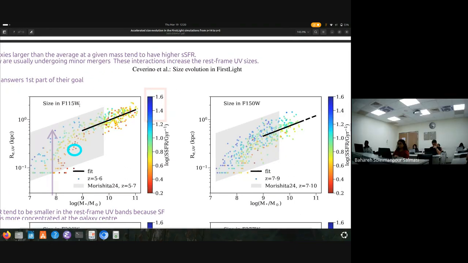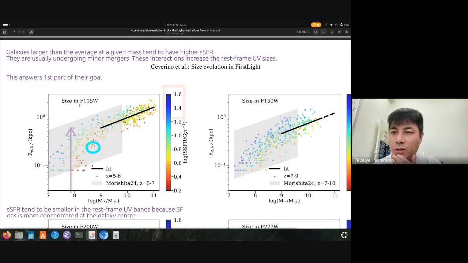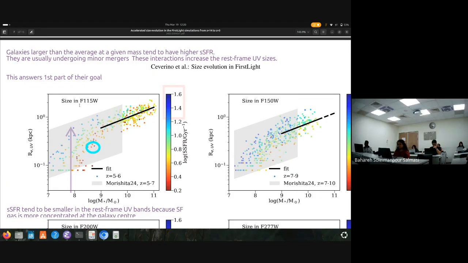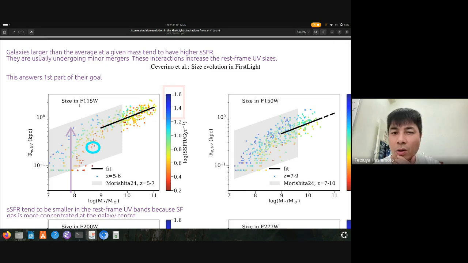I wonder whether the candidates that you found are outliers in this figure.